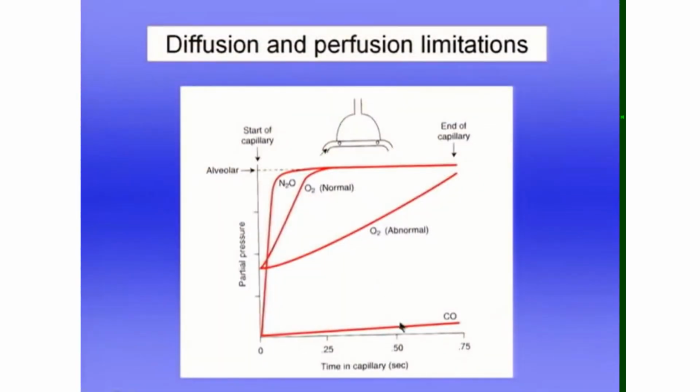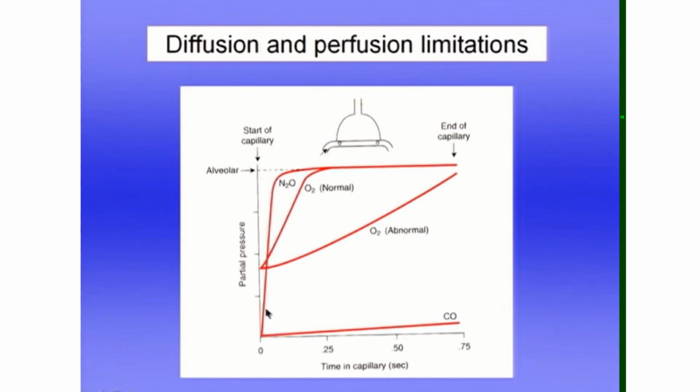If you divide 75 by 100, that is to say you divide the volume by the flow rate, you get the time spent in the capillary as 0.75 of a second. So that's where that number comes from. So it's quite clear that things must change very rapidly during loading of gases in the pulmonary capillary.